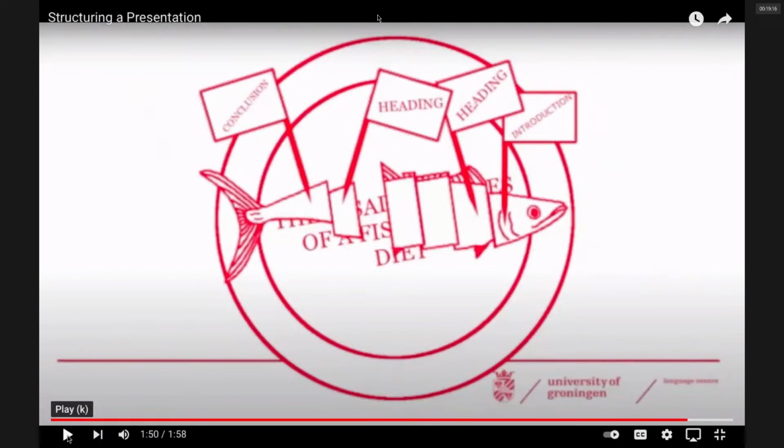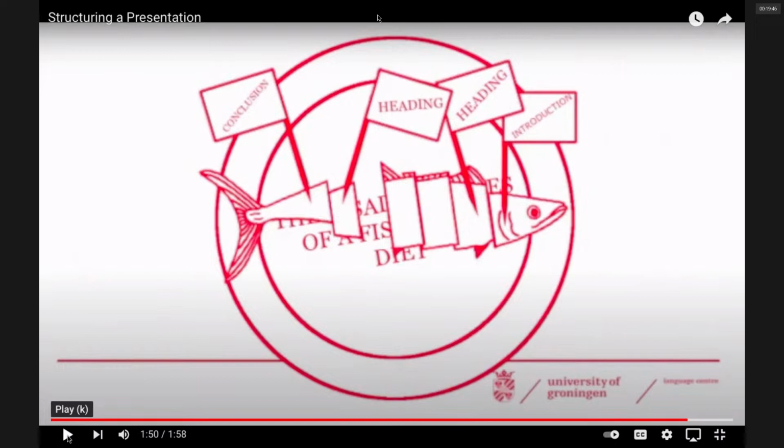Okay, using signaling language. When one person is presenting and that person has more than 1 point to present, it is important to remember that when you move from one point to another, it will be very helpful for the audience if you use the appropriate signaling language, transition marks.